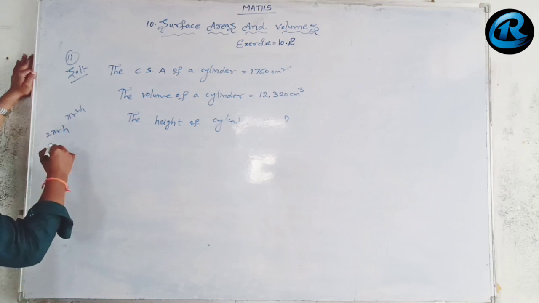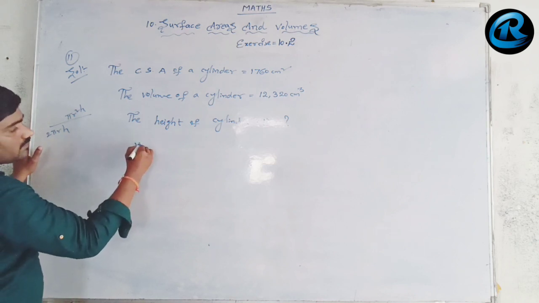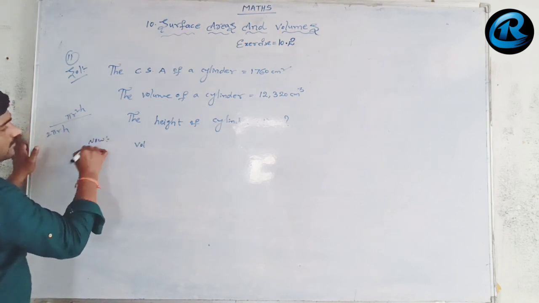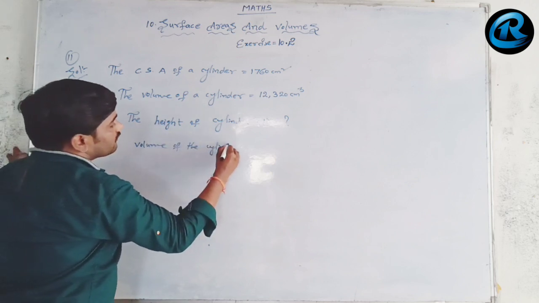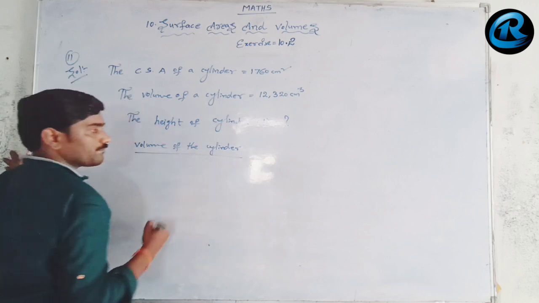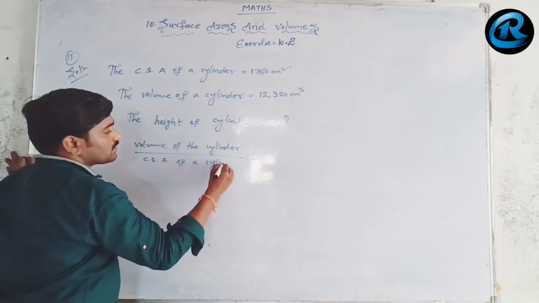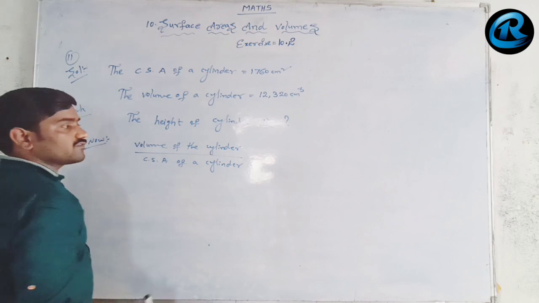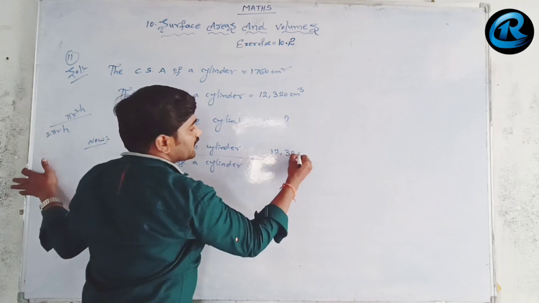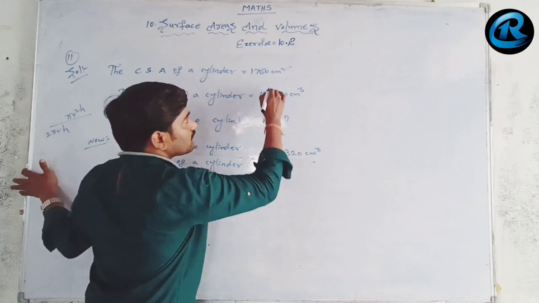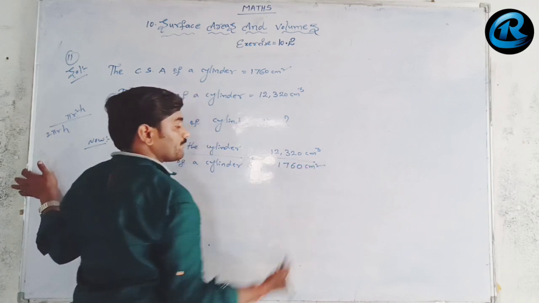So first of all, we divide the volume by the curved surface area. The volume of the cylinder is 12,320 centimeter cube, by the curved surface area of the cylinder, 1760 centimeter square.